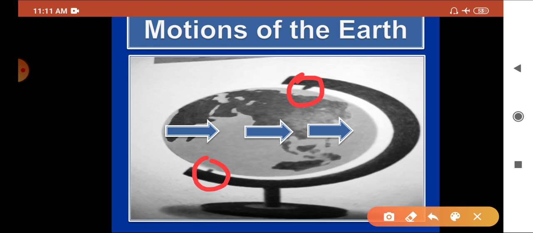So with imaginary lines, this globe has one axis in the center. Here you can see that on the axis this globe or our earth rotates.